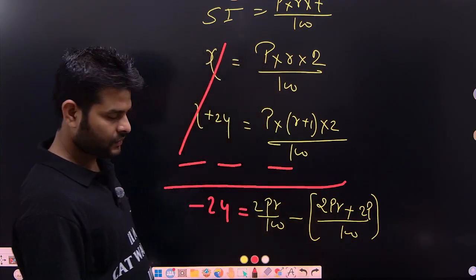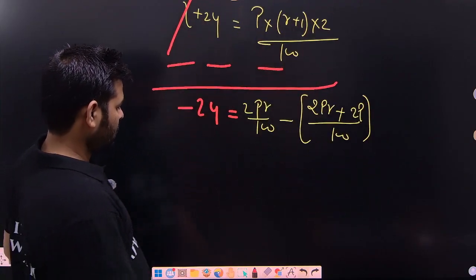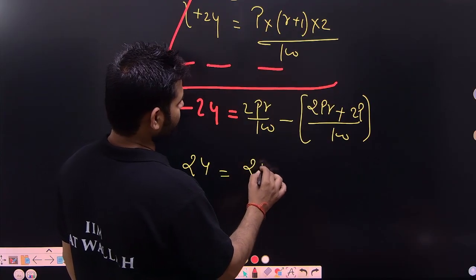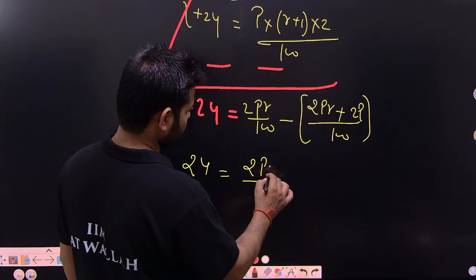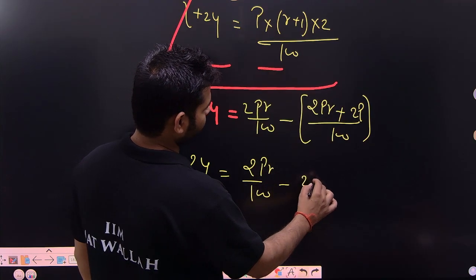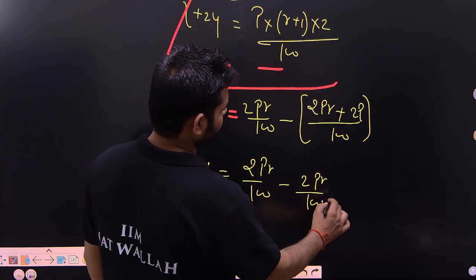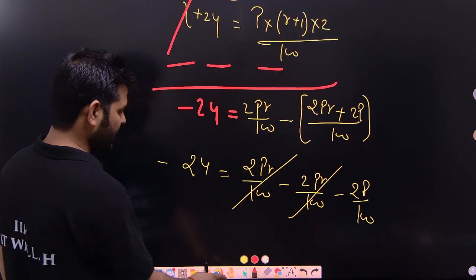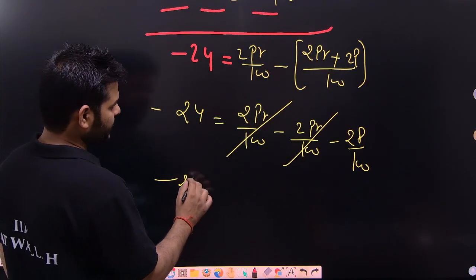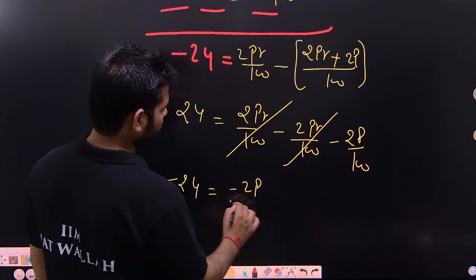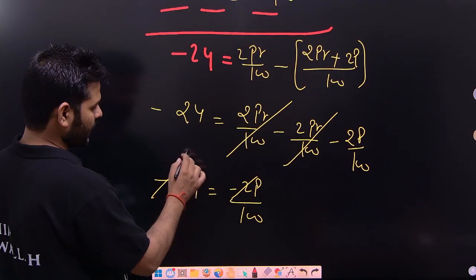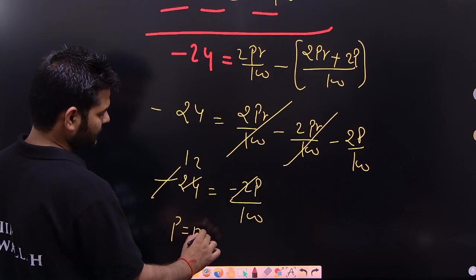Got it or not? That value will cancel out with that value. So minus 24 would be minus 2P upon 100. So from here you will get 12, P would be 1200.